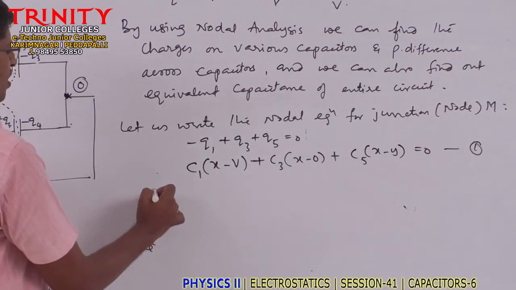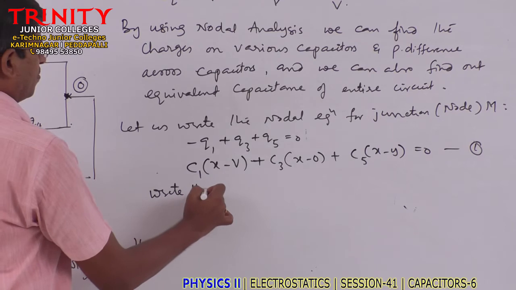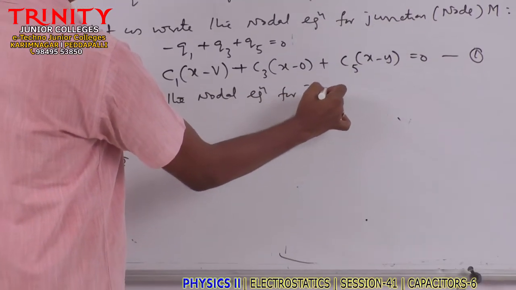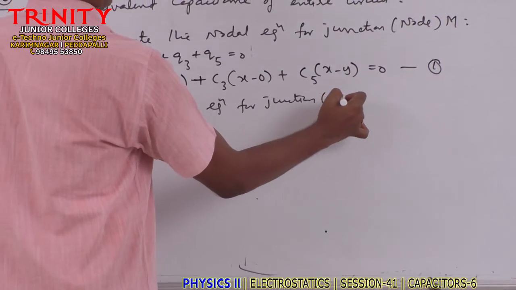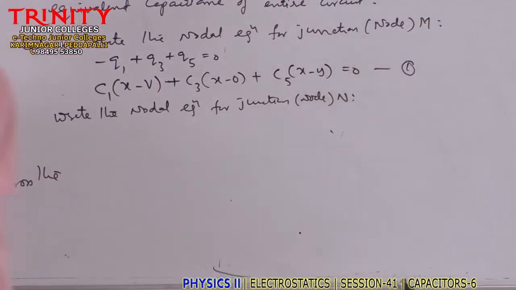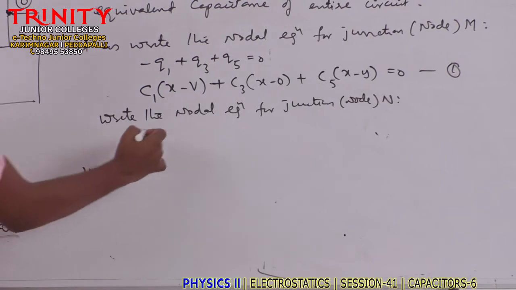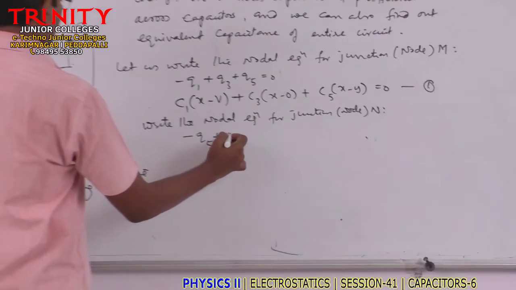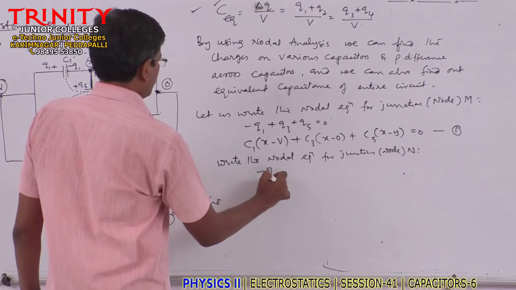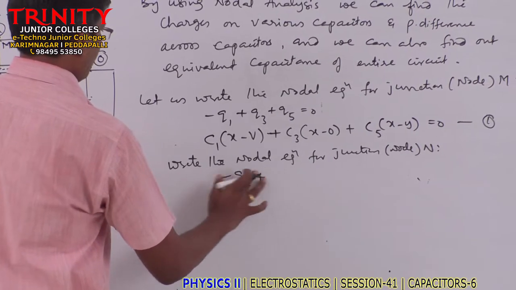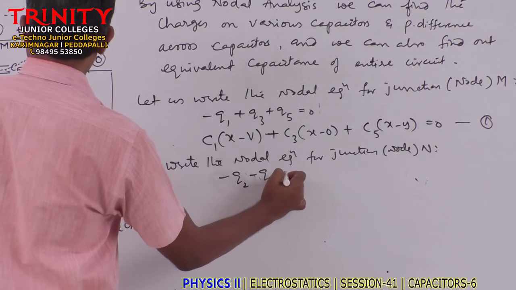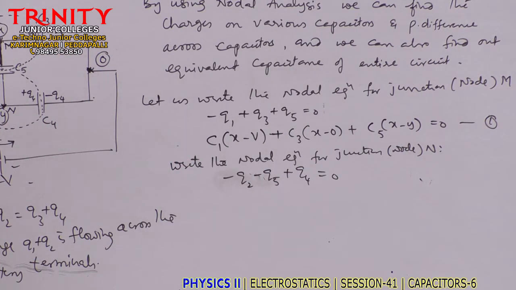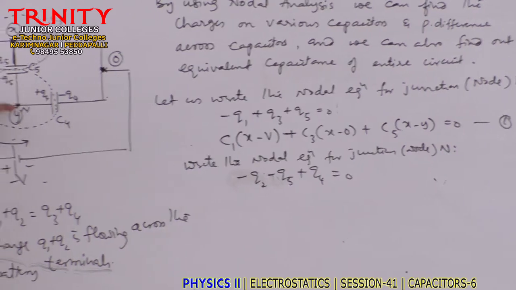Now writing the nodal equation for the junction or node N, what you write is minus Q phi, plus minus Q2. Let me write minus Q2 minus Q phi plus Q4 is 0. Okay. And here we assume this is at higher potential than this.